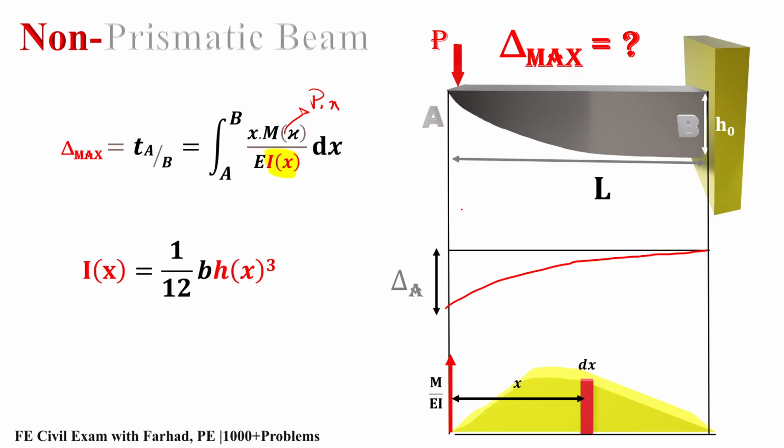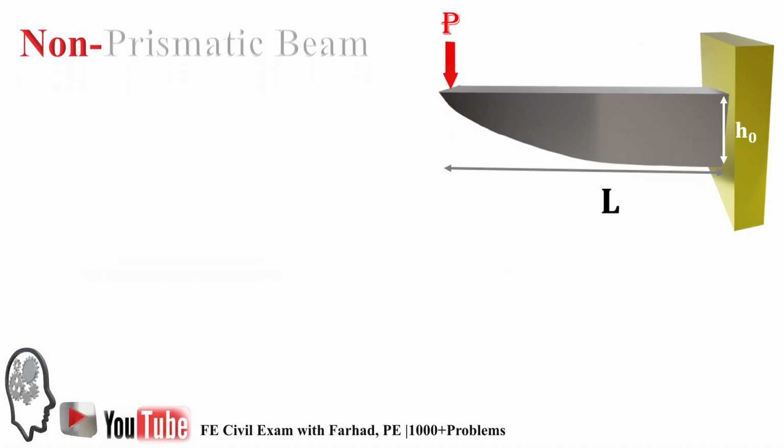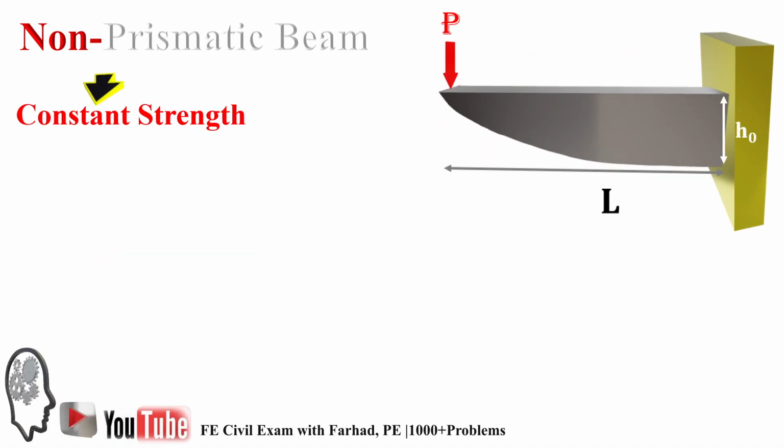If you create a cross section at any point of the beam, you have a rectangular cross section, but its height depends on the distance x. So if we can get a function for hx, then we can calculate the moment of inertia I as a function of x.